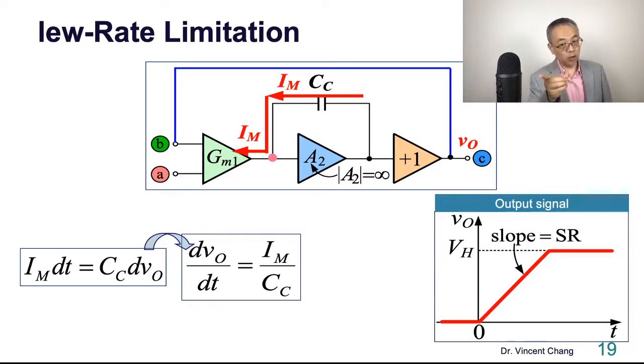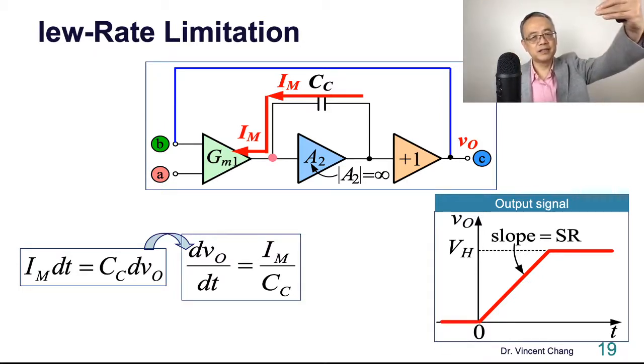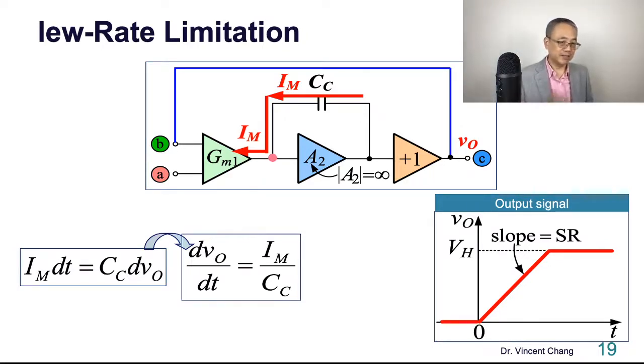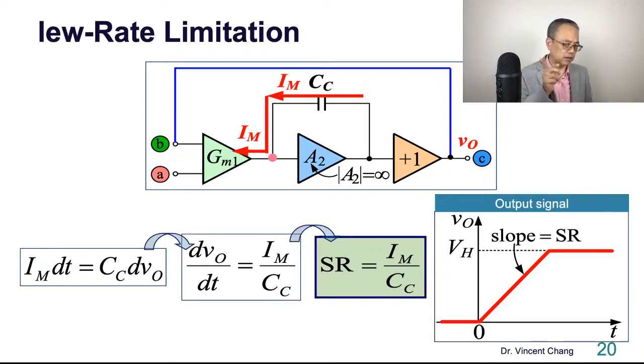So the slope is the limit I can offer. That limit is called the slew rate. You got it?